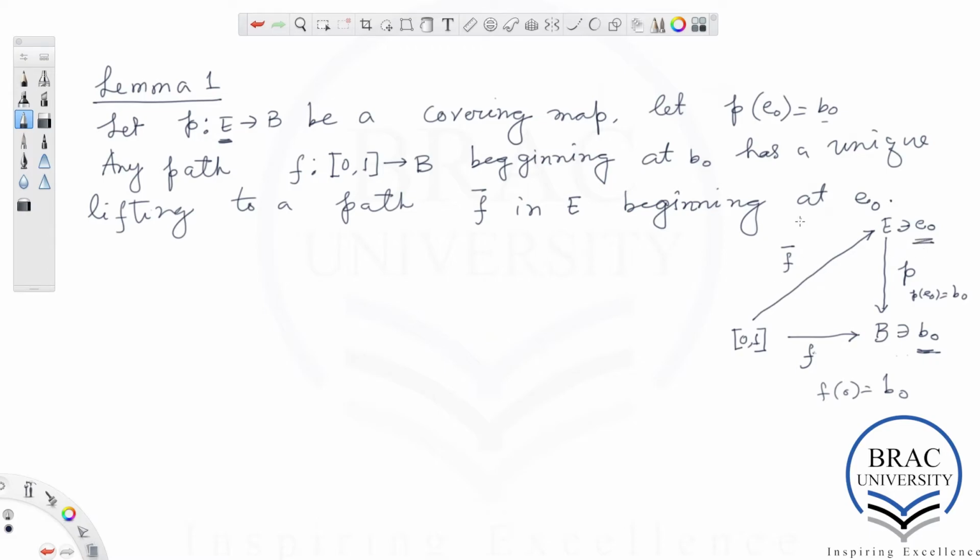That is, F bar of 0 is going to be equal to E0. Okay, this is what this lemma states. So let me go over the proof.